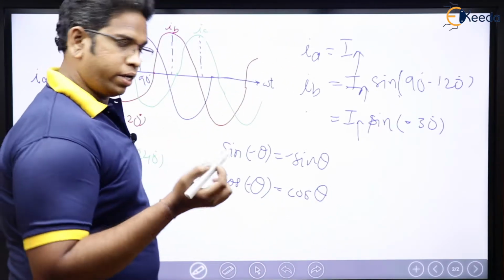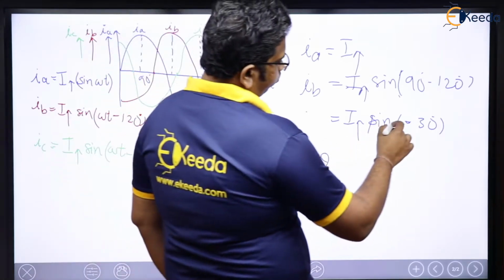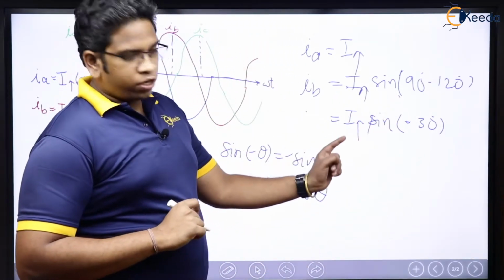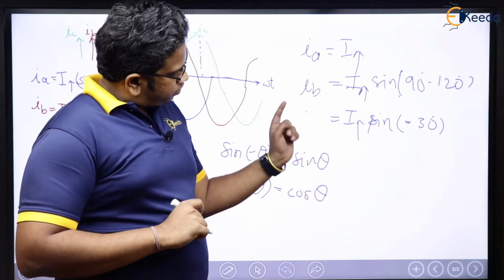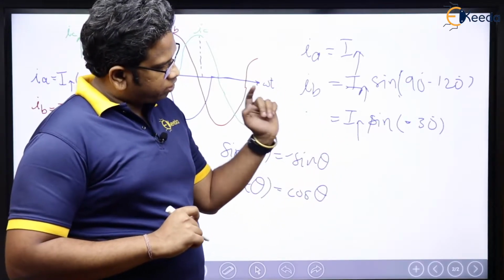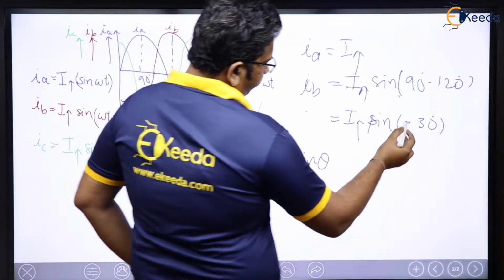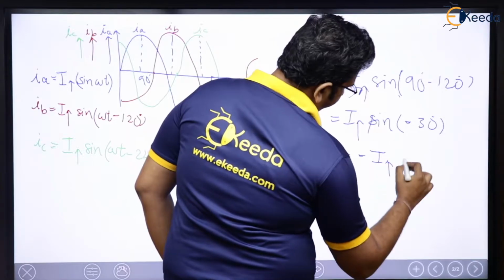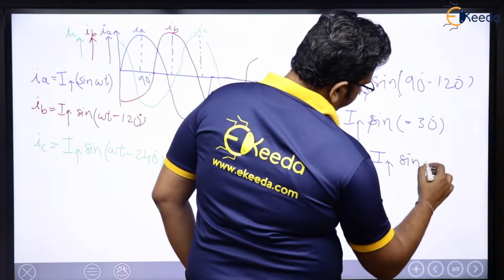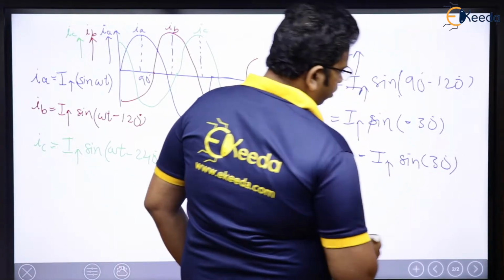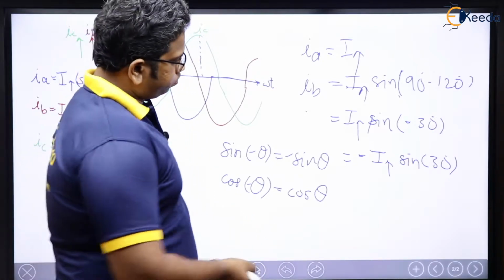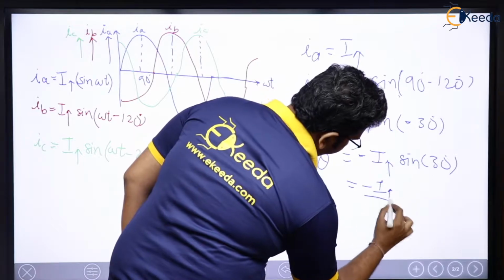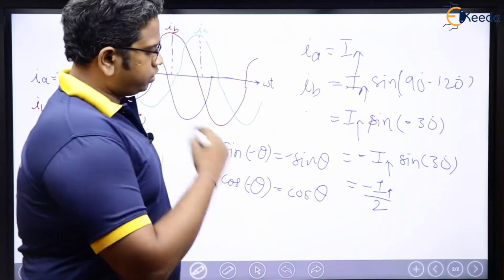So I max into sine of minus 30 will be nothing but minus I max into sine of 30 degrees. What is sine 30? Half. So this is going to be minus I max by 2. This is nothing but IB.